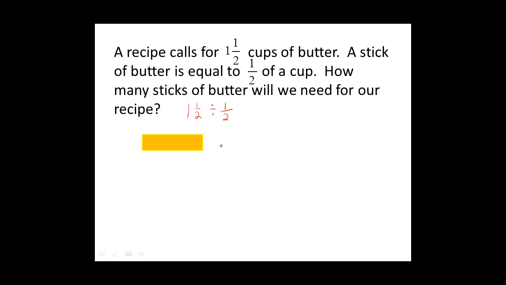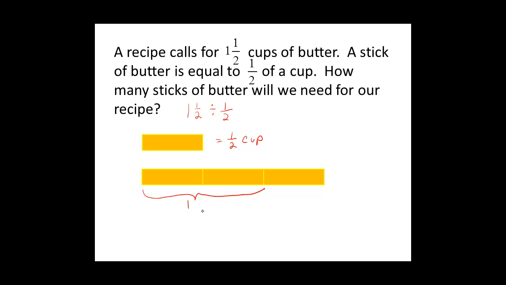Here is a picture of what 1/2 is. It's a stick of butter and it's equal to 1/2 of a cup. We need 1½ cups, and that's what this looks like. Here is 1 cup, and here is a 1/2 cup.